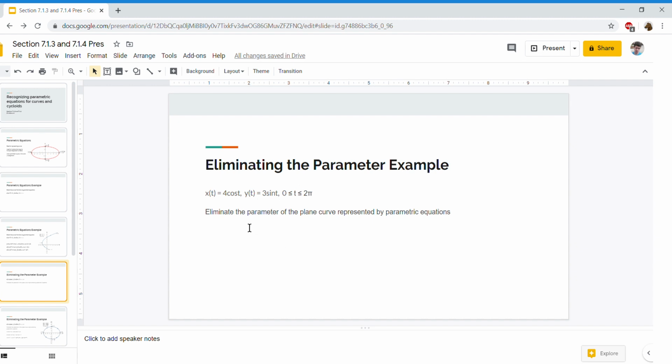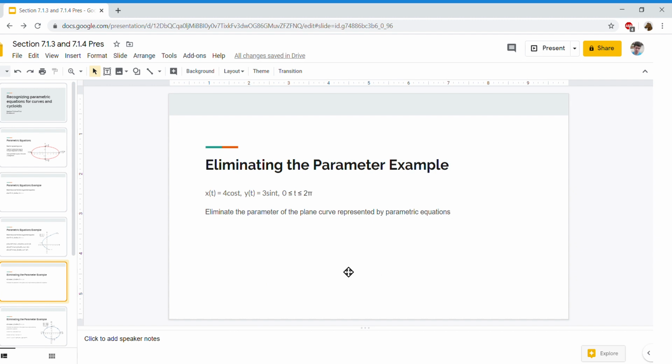In general, you would just pick either the x function or the y function, and then solve it for t. Then whatever you get for t, you take that value and plug it back into the other function for t. Then you just have the function in terms of x and y.